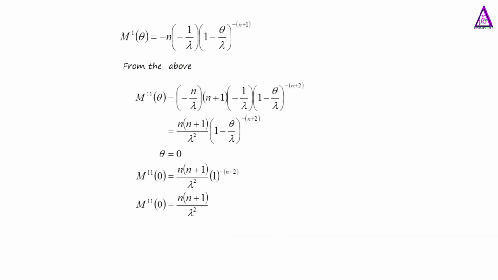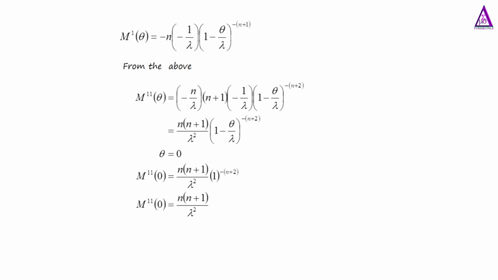Here, from the above, we differentiate the above equation and we have this one. Now, by multiplying negative n divided by lambda times (n plus 1), times negative 1 divided by lambda, and multiplying everything together, we have n(n plus 1) divided by lambda squared.